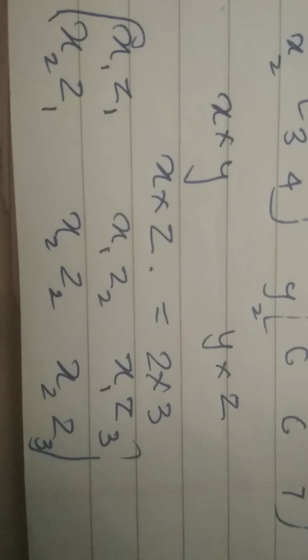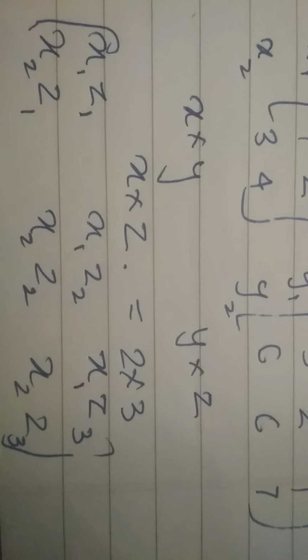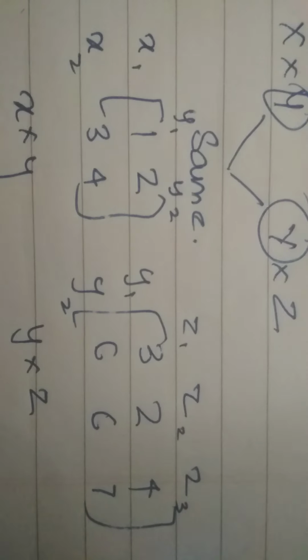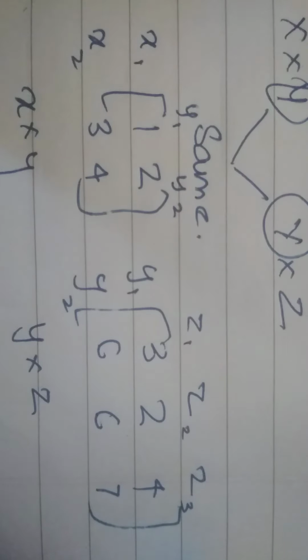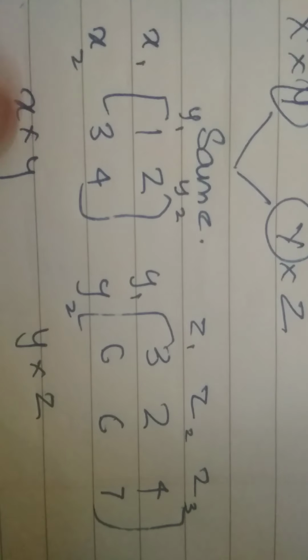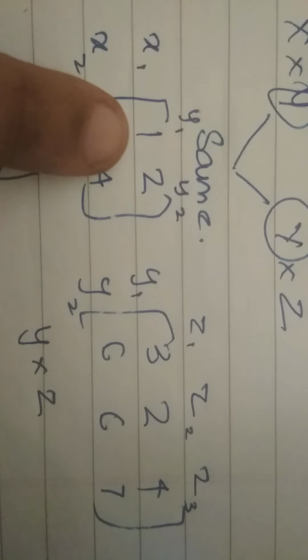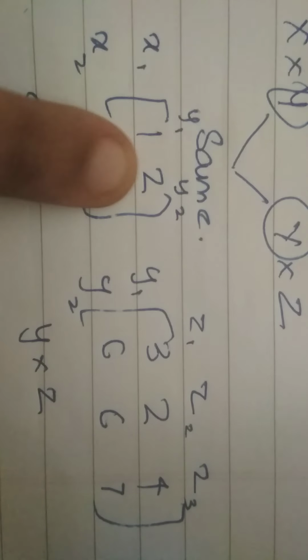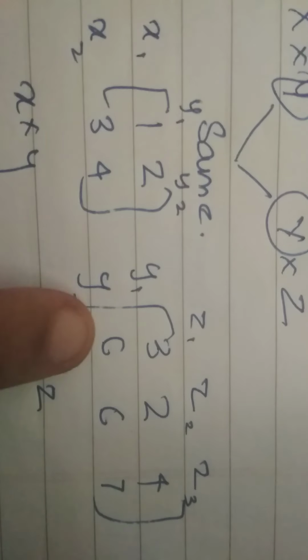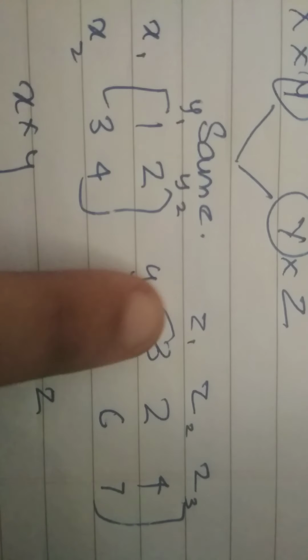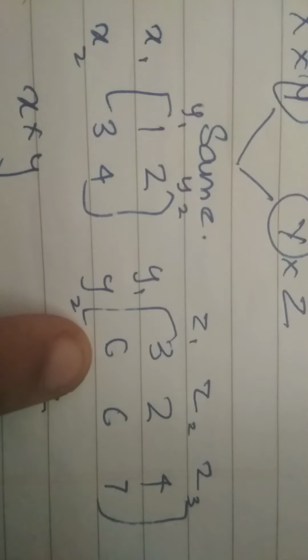Perfect. So now what we are going to do is find out the x1 z1. So how we are going to find out the x1 z1 is by using this. So now x1 is this whole line over here. Now it's 1 and 2. So since y is same over here, we are going to just take this 1 and 2. But over here, this z1 is also having 2 things, right?